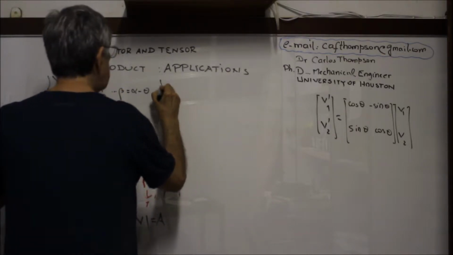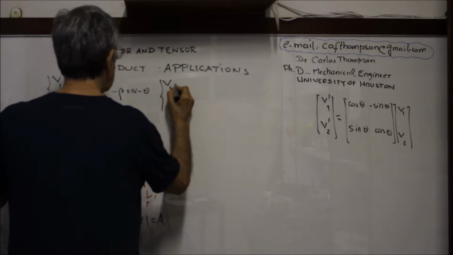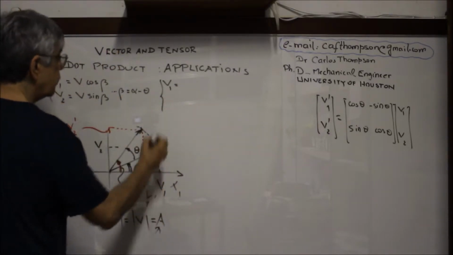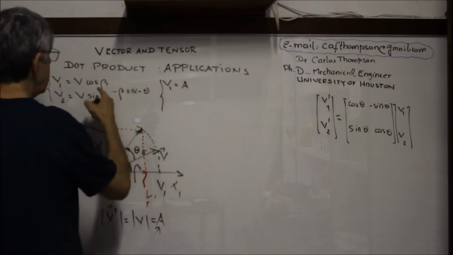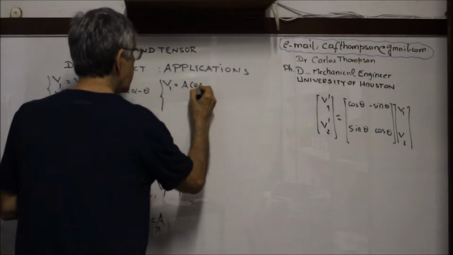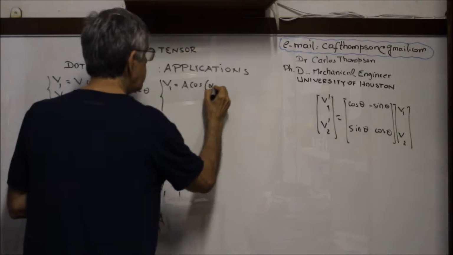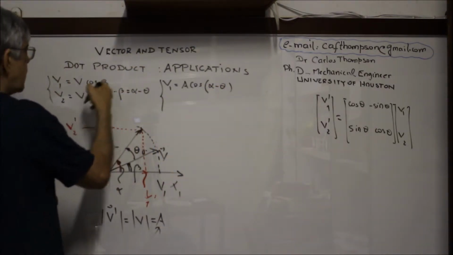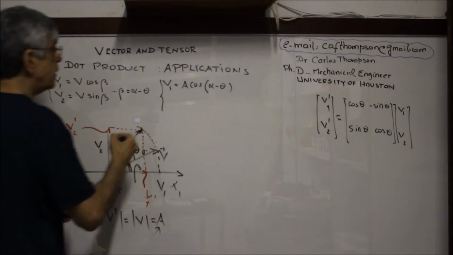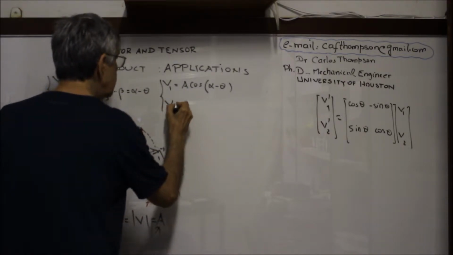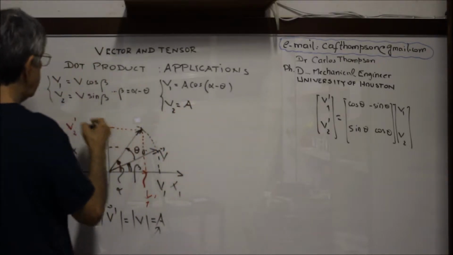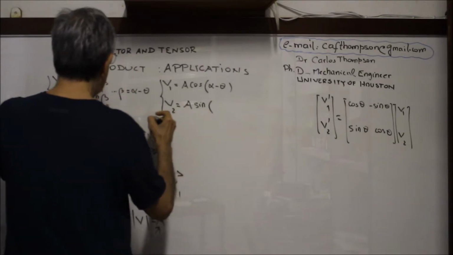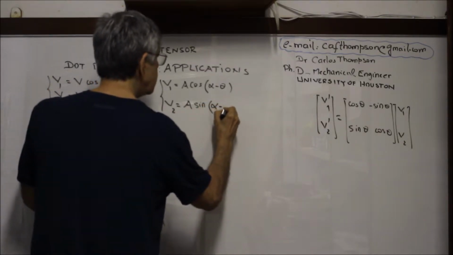So V1 is equal, let's put A here, because this is equal to A, A cosine of alpha minus theta. Cosine of beta is alpha minus theta, and V2 is equal A sine of alpha minus theta.